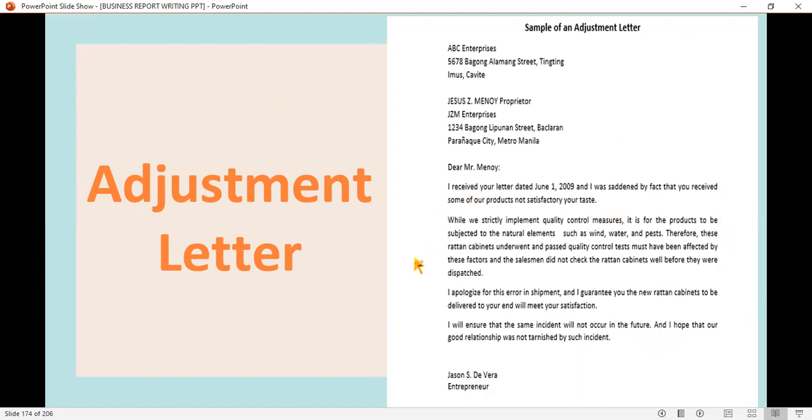The products that were sent to Mr. Menoy, he was not satisfied by the products that he received. So the sender of this letter will resend the order of Mr. Menoy.